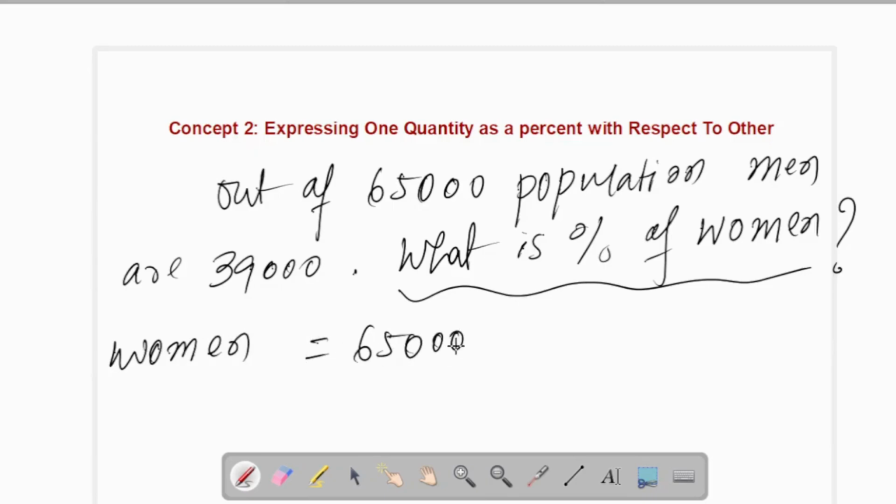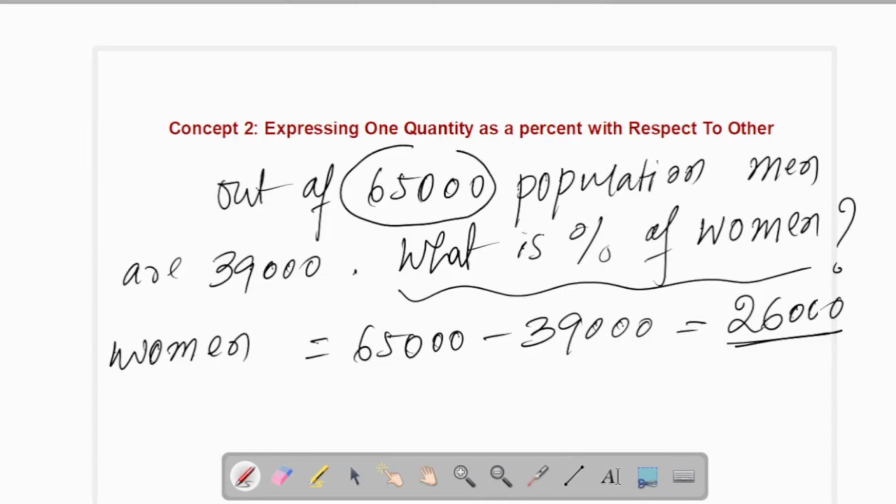It is 65,000 minus 39,000, so it comes to 26,000. Now I got the first value, and I need to calculate the percentage in respect to the second value, 65,000. So what is the percentage of women in that locality?